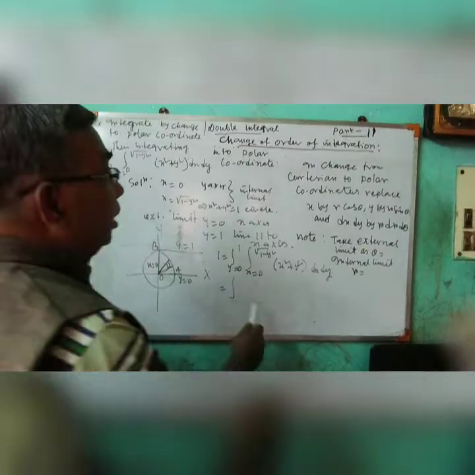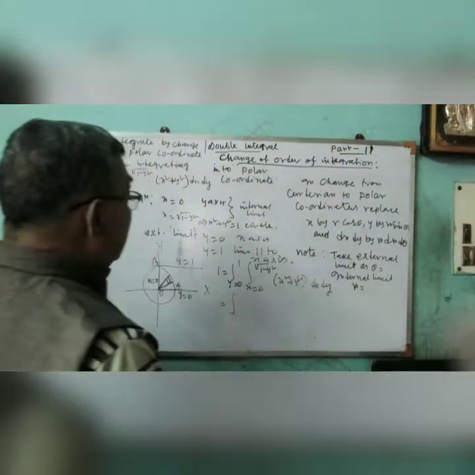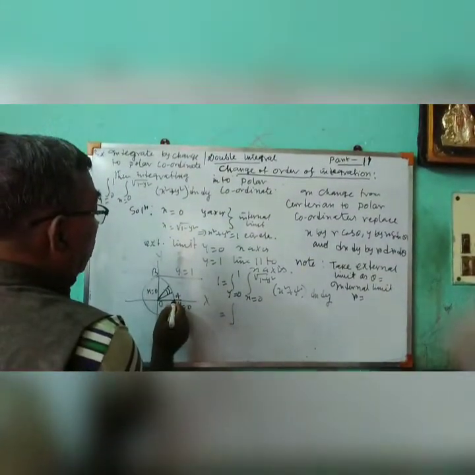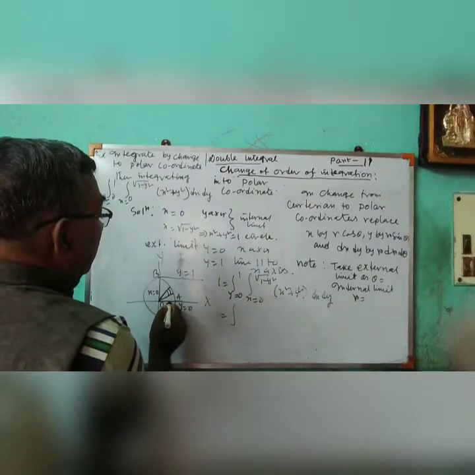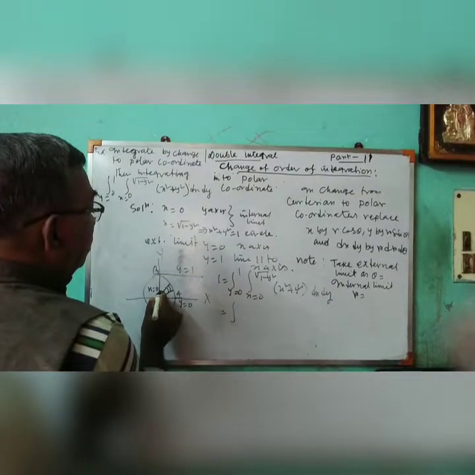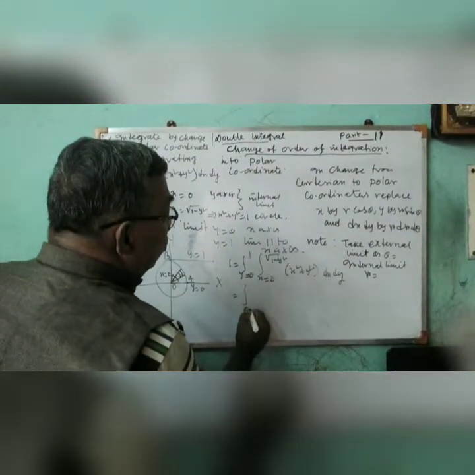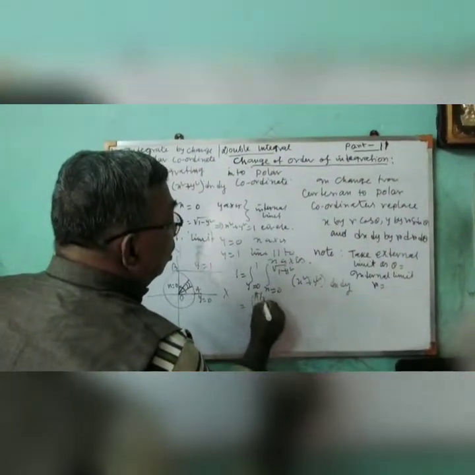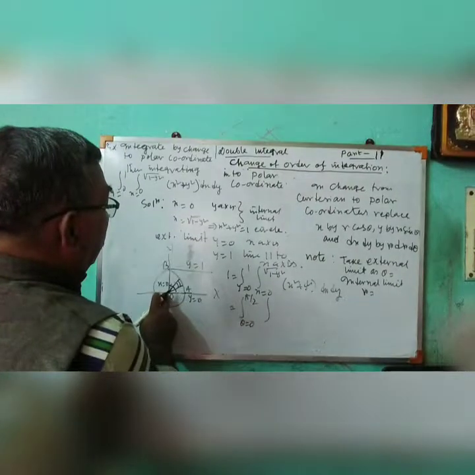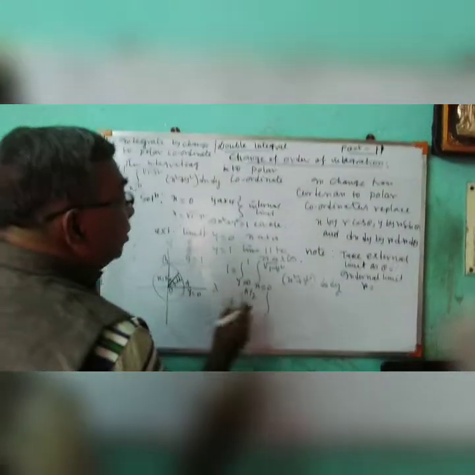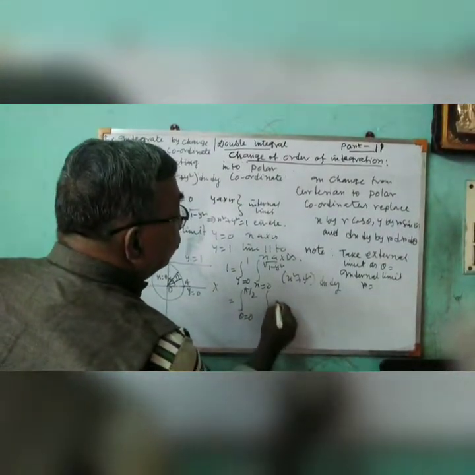Theta starts from 0 to pi by 2. Now r starts from 0 to 1, the radius is 1. So r equal to 0 to 1.